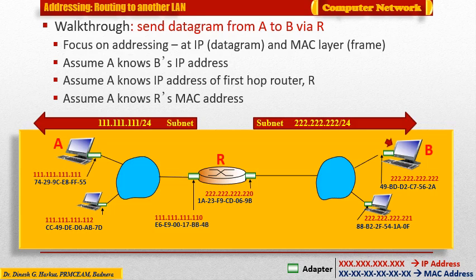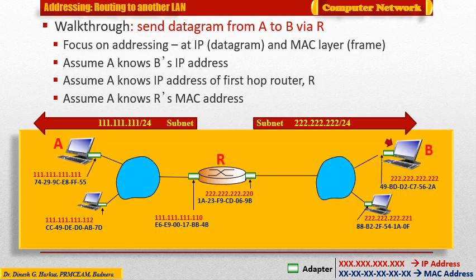Because the router in the figure has two interfaces, it has two IP addresses, two ARP modules and two adapters. Of course, each adapter in the network has its own MAC address.